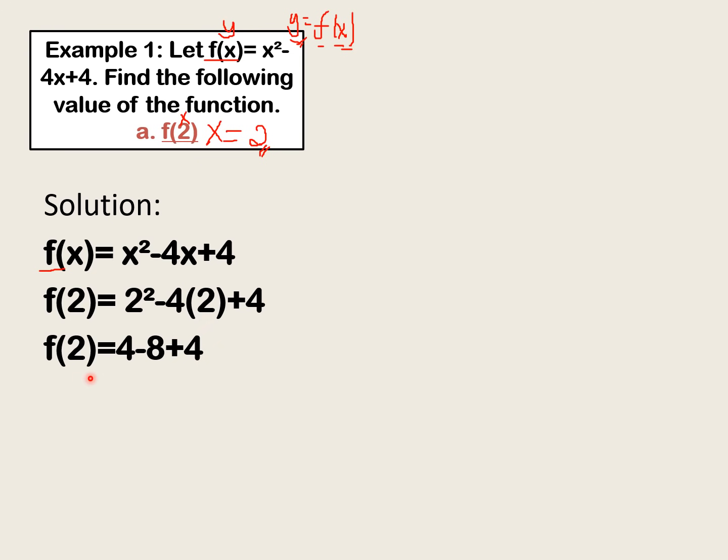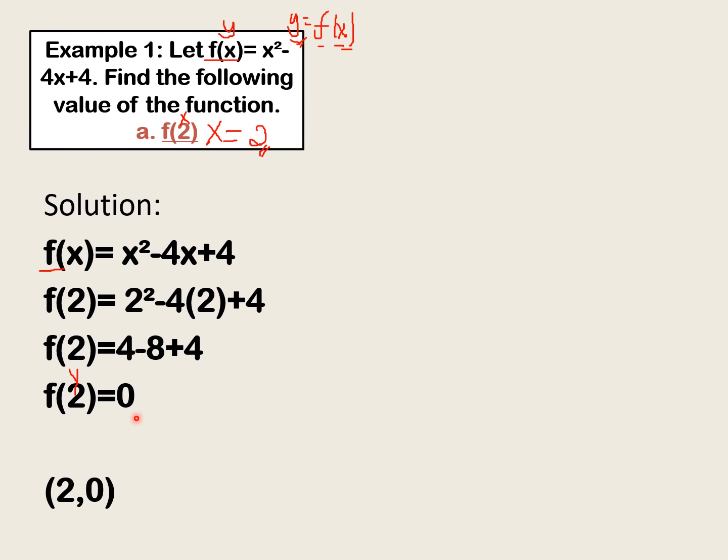Okay, so what would be our f of 2 or our y? Ulitin ko. Our f of 2, it means that we're going to look for y after we process x, which is 2. So what would be our f of 2 or y? Our f of 2 or y is equal to 4 minus 8 is negative 4 plus 4, which is 0.